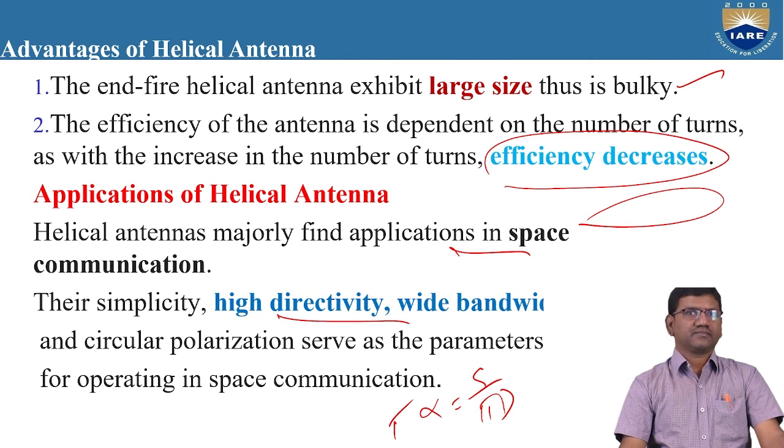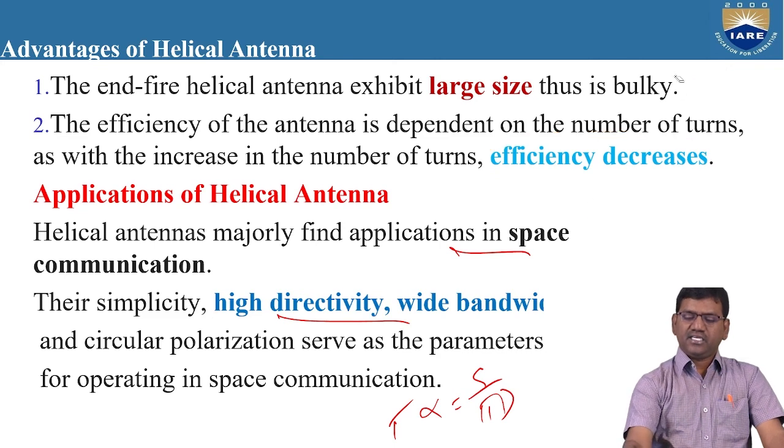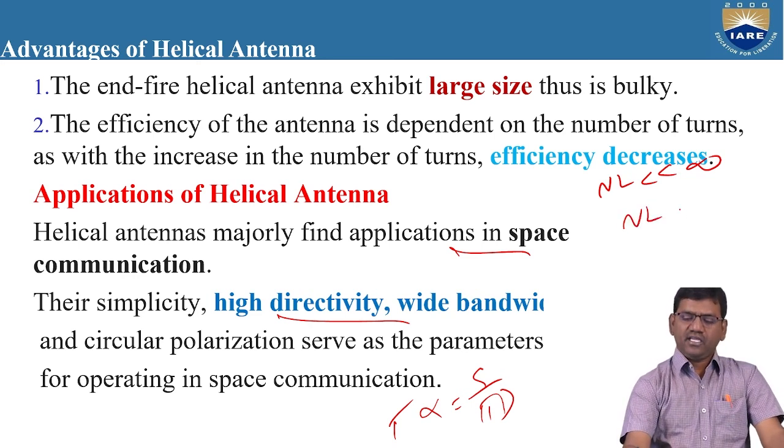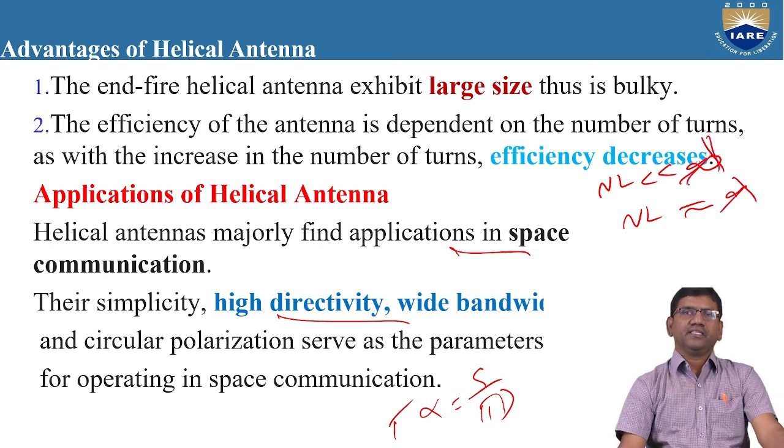In normal mode, it is a combination of dipoles and loops. We call it normal mode when NL is far less than lambda, and when NL is approximately equal to lambda, then the antenna is said to be operating in the helical mode.